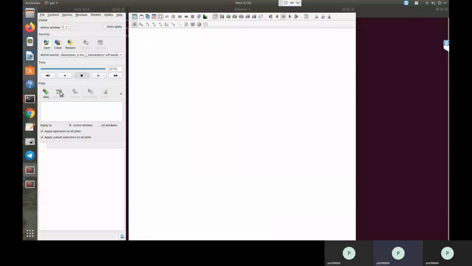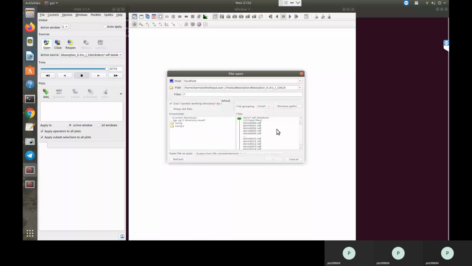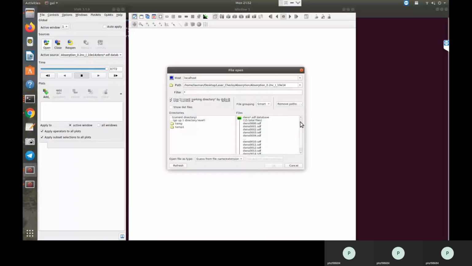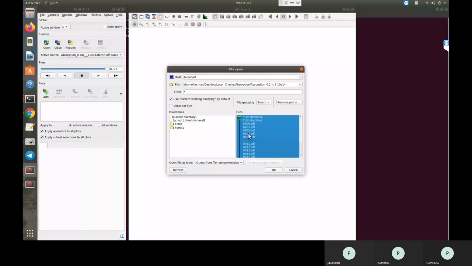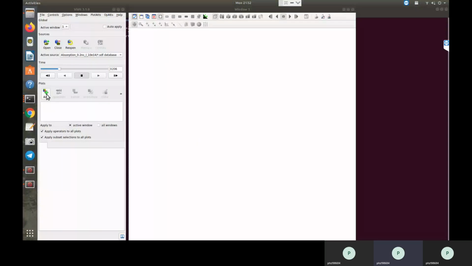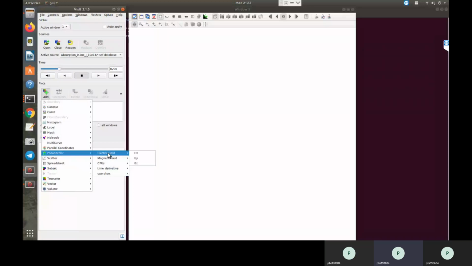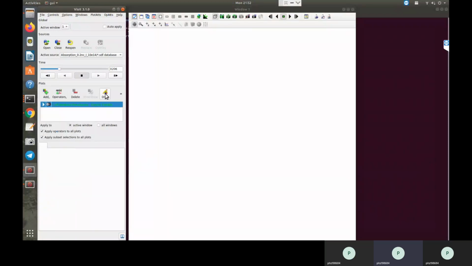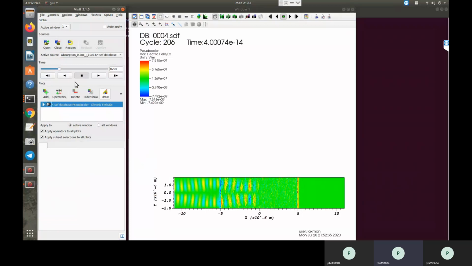Okay. Now we can plot the electric field components along x, y, z directions. Let's first plot the electric field along the x direction. So Ex we have to plot. Draw it.